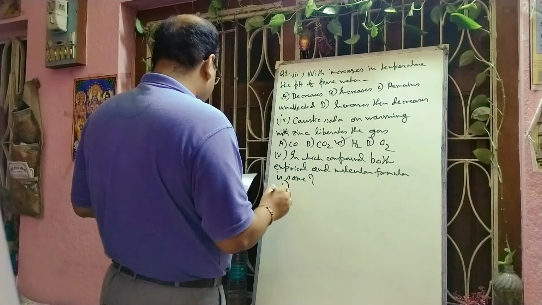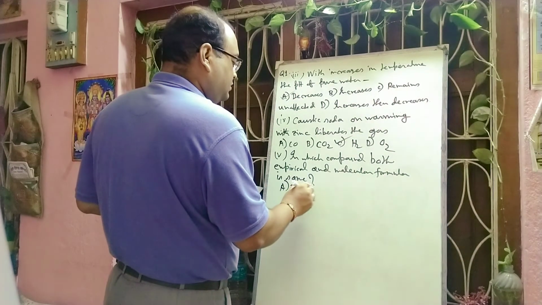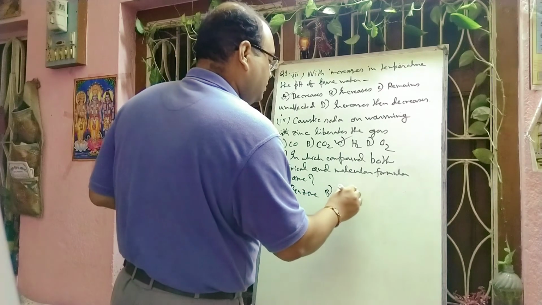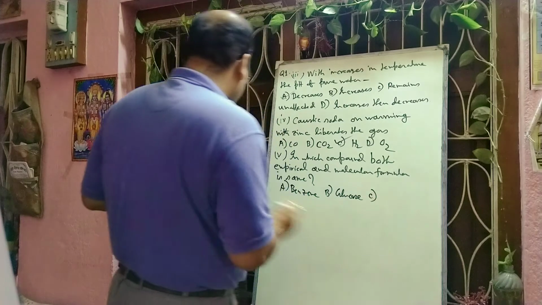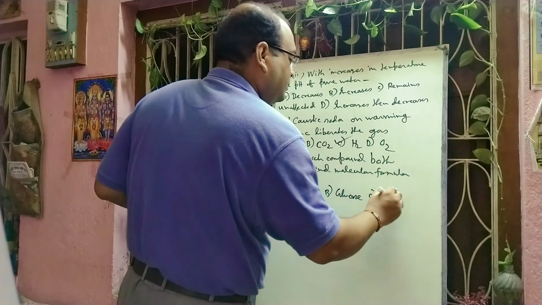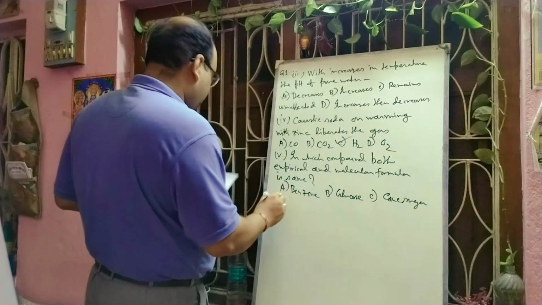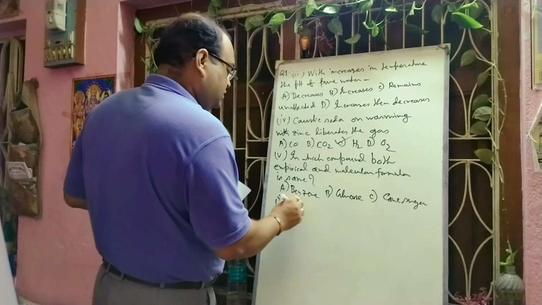Option A is given benzene, option B is glucose, option C is given cane sugar, option D is oxalic acid.